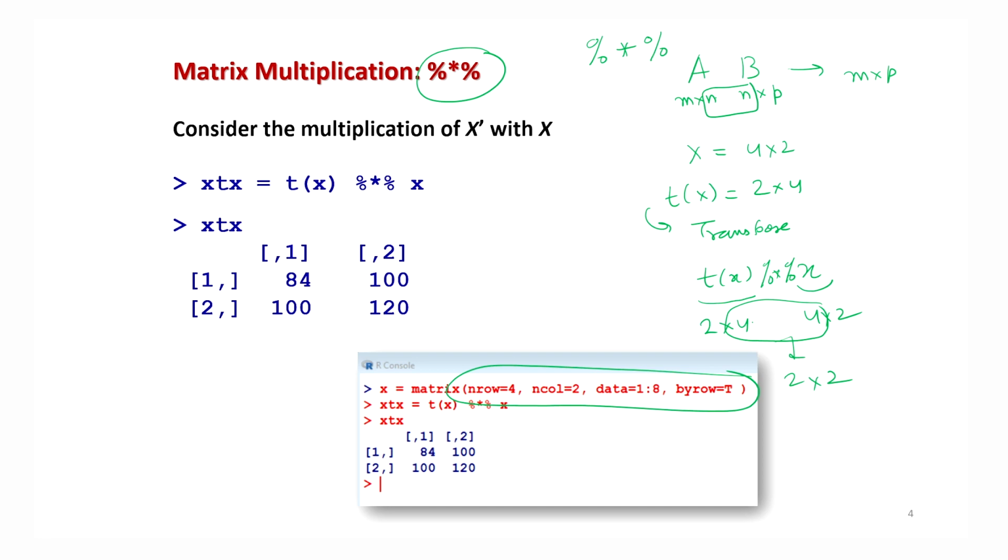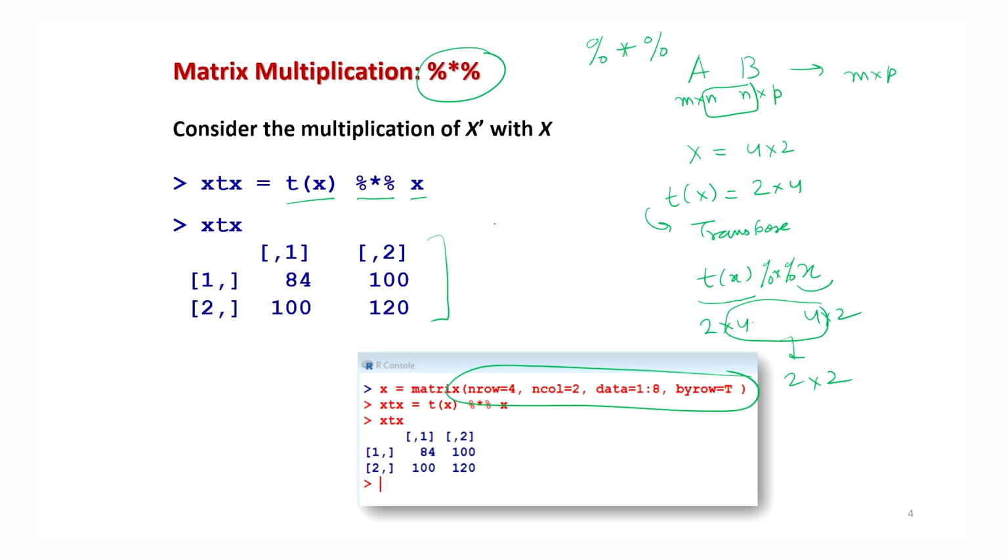My basic objective is to introduce here the matrix multiplication operator. So t(x) %*% x will give you this matrix, right? And you know how these matrices are multiplied, right?